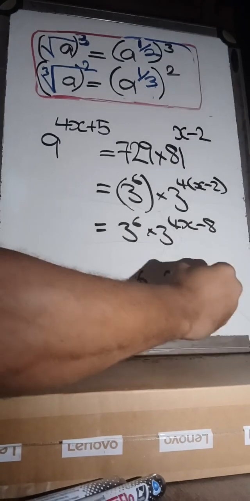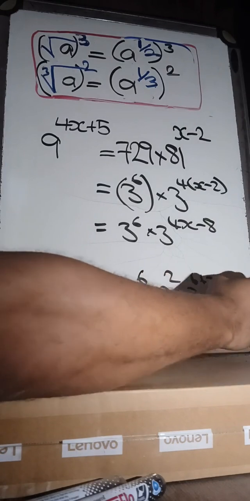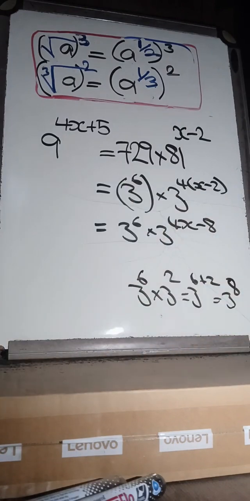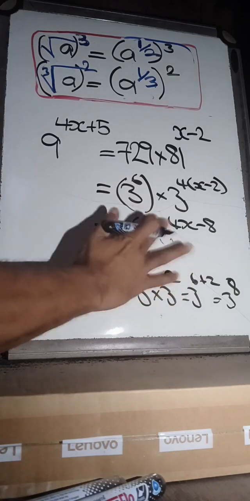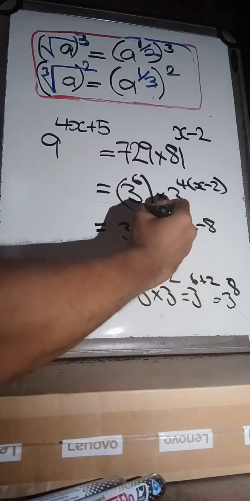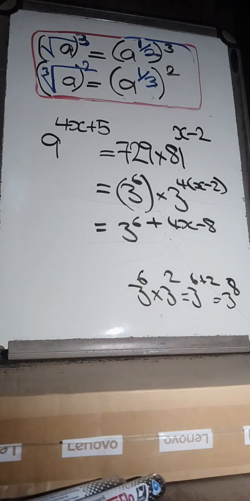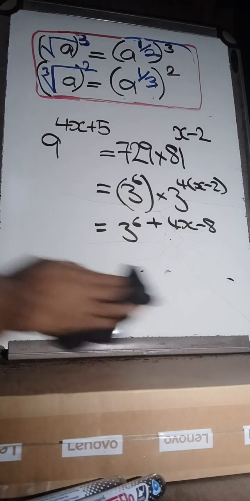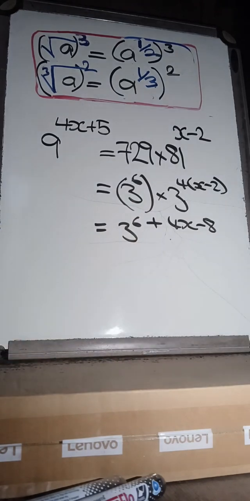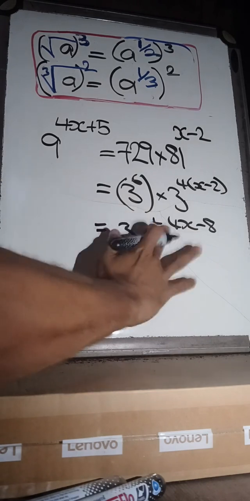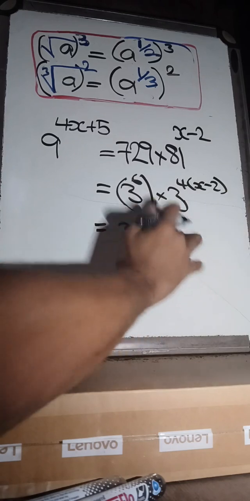It means we have 3 to the 6 plus 2, resulting in 3 to the 8. Now, for context, it means we're going to add 6 plus 4x minus 8. So if I were to remove this and do this, that is exactly what would be taking place, right? Now 6 minus 8 is minus 2. Therefore, when we're done with this, we'll end up with 3 raised to the 4x minus 2.